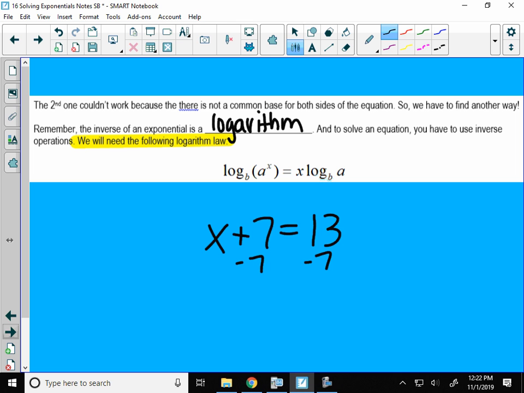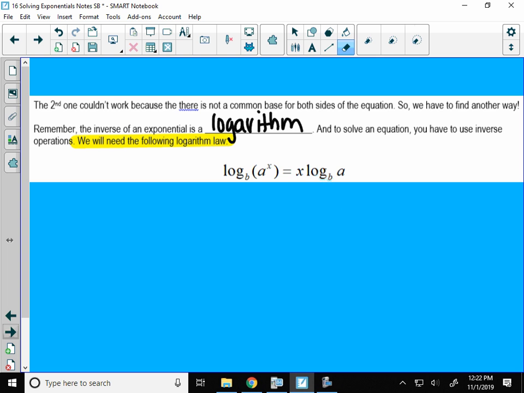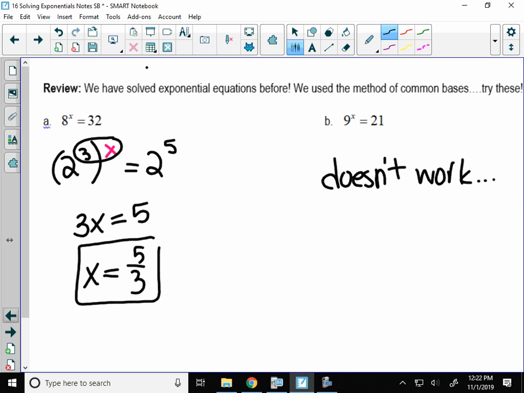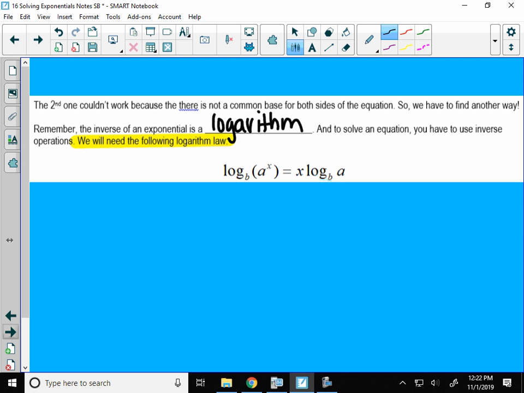So we have to use inverses to solve an equation. So if my equation, like this last one, 9 to the x equals 21, is an exponential equation, I have to use its inverse, which is a logarithm. So here's the law. It looks kind of mathy. I'm going to tell you a story that will make that rule make sense.